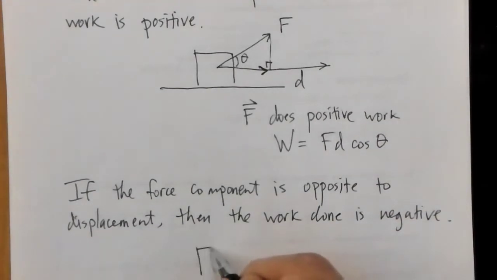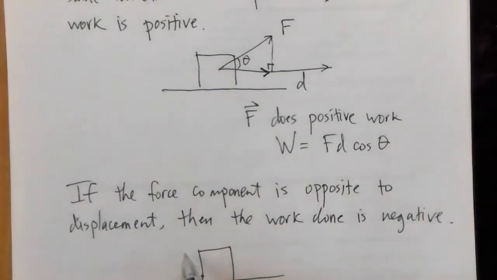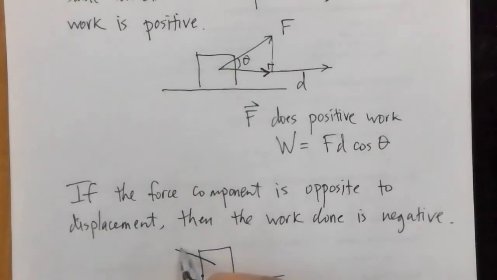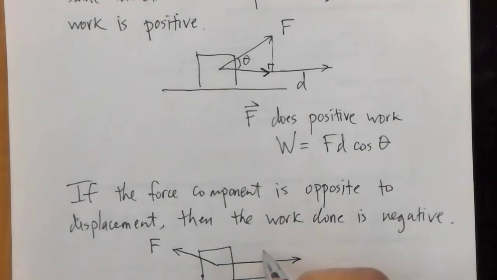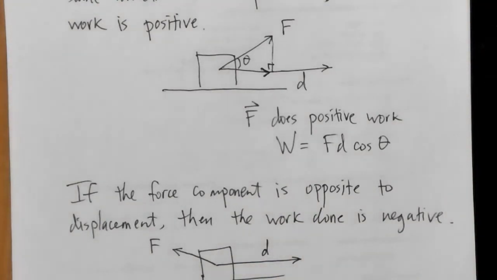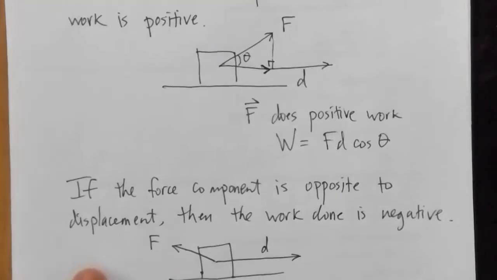Okay, so let me give you an example. You might be a little confused by this, but I'll explain in just a second. Let's suppose the force goes like this, but the displacement is in this direction. The thing that might be confusing is how can you pull in this direction and the thing move in that direction? That's kind of weird.